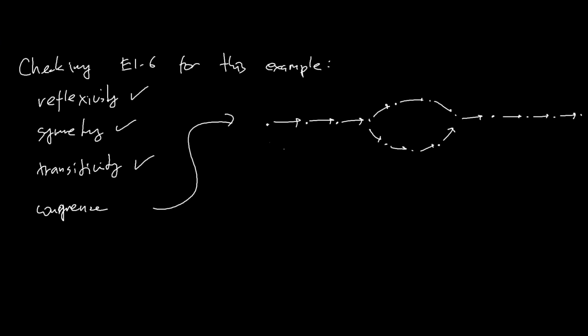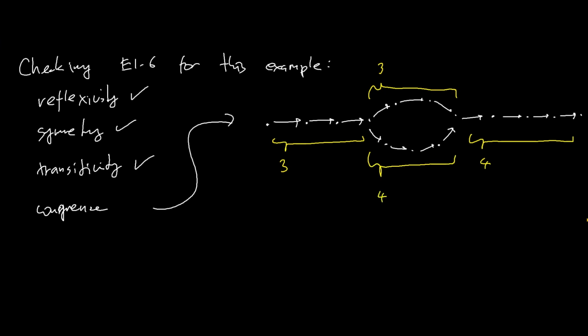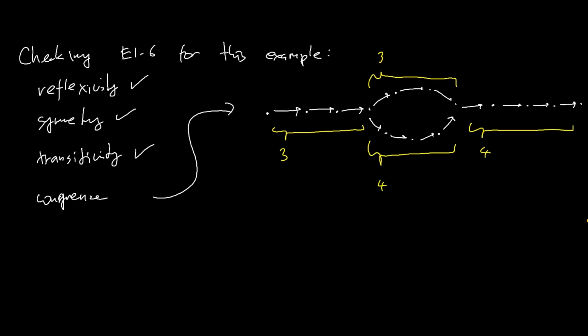So we have three morphisms here, we have four here, we have three here, and we have four here. But of course, 3 and 4 are not congruent to each other modulo 12.